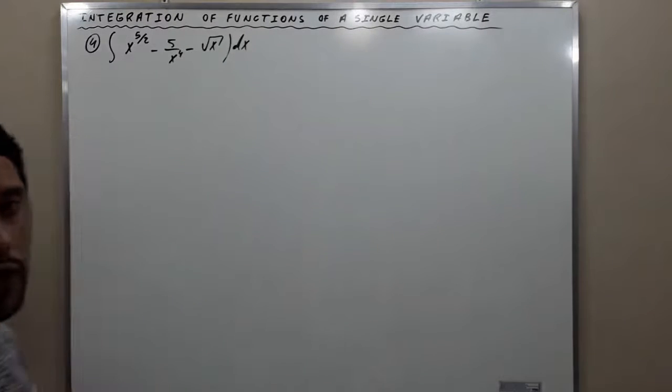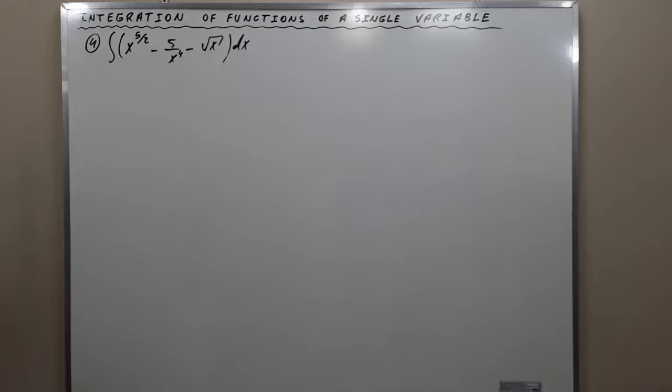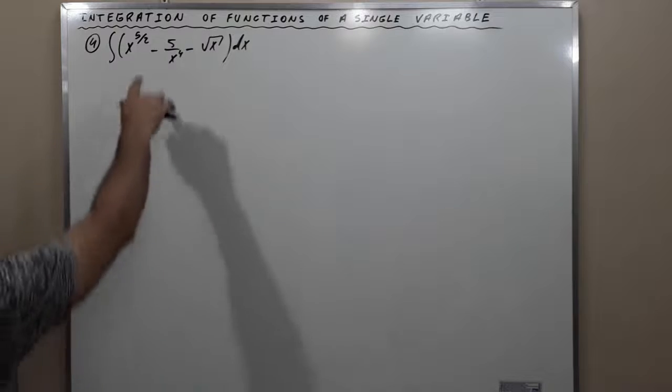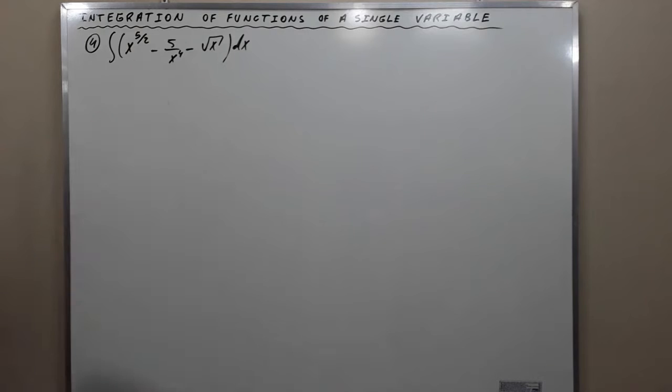Now let's go to the fourth integral. It is the integral of x raised to the power of 5 halves minus 5 divided by x to the fourth minus the square root of x dx. How do we calculate this? We add 1 here and divide it by 5 halves plus 1.